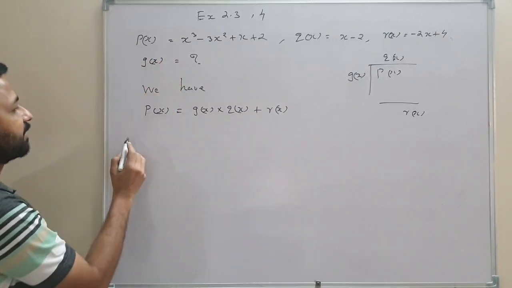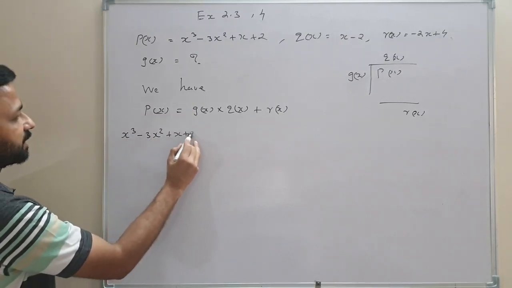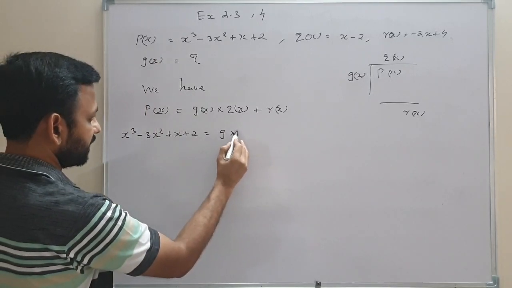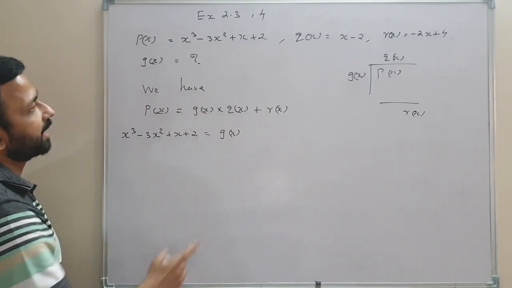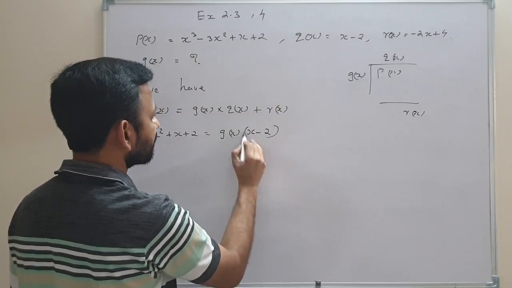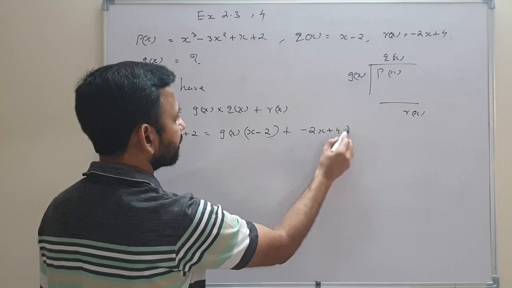So p(x) is given, x³ − 3x² + x + 2, equal to g(x), which we need to find, and q(x) is already given, x − 2, plus r(x), which is given, −2x + 4.